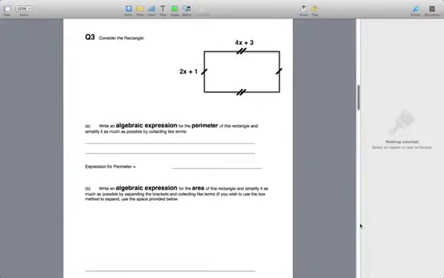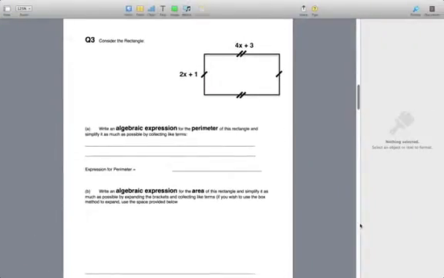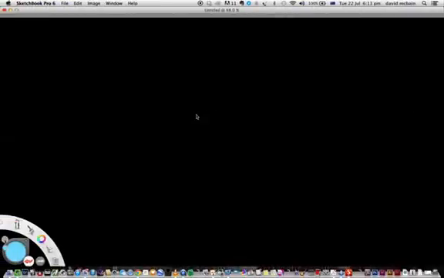Looking at question 3, this question, once again, is similar, but now it's getting a little bit more complicated because now we've got a length and a width that actually have more complex expressions. So let's go back and have a look at this one.